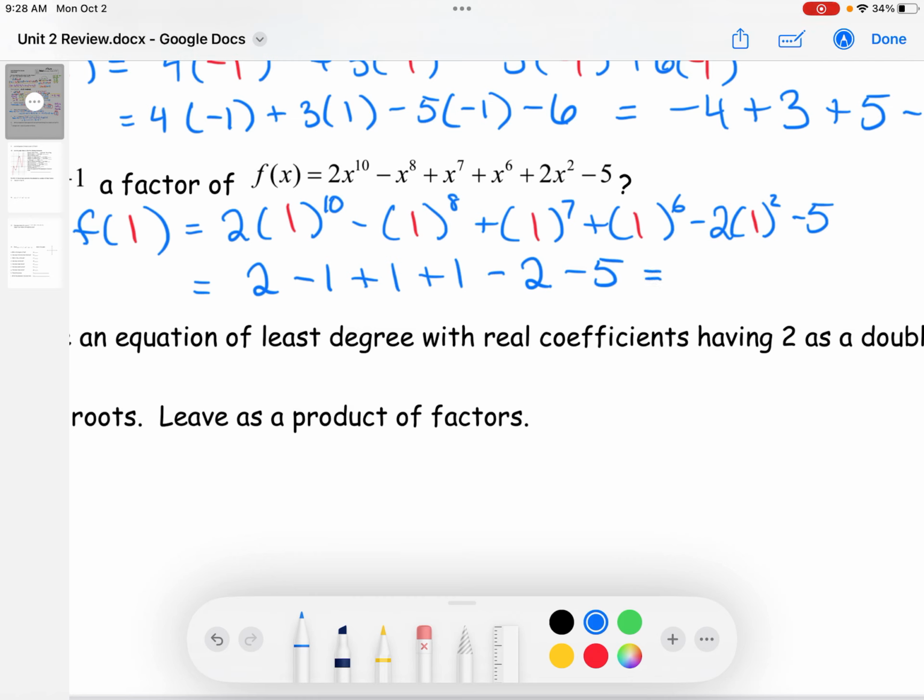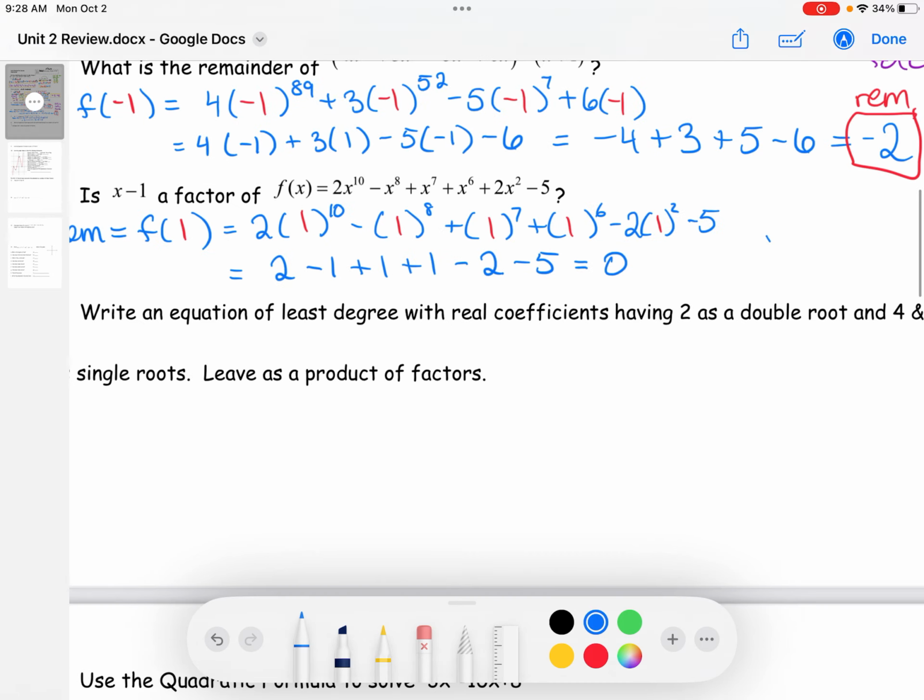So this does equal 0. So yes, because the remainder is 0, x minus 1 really is a factor.